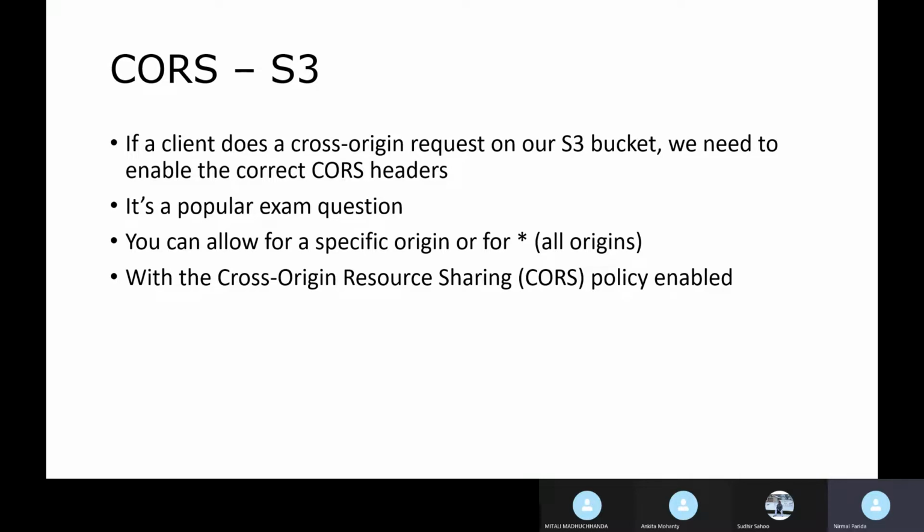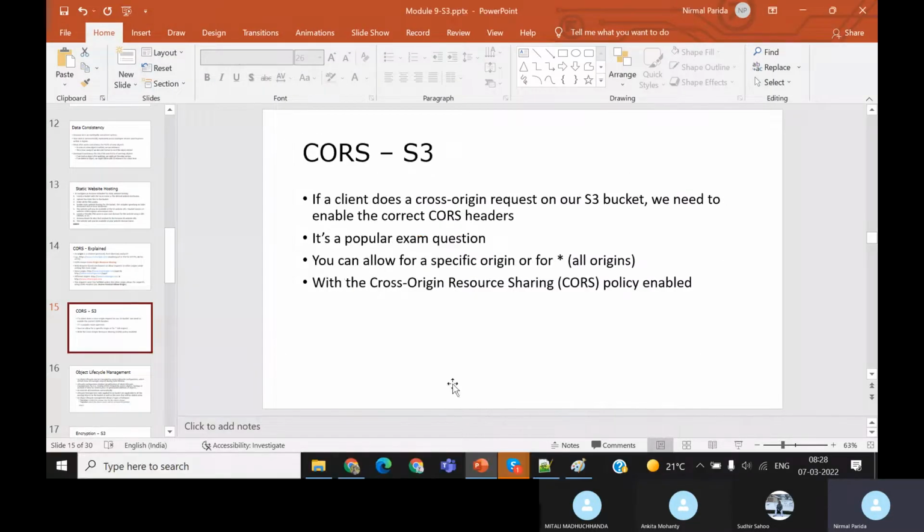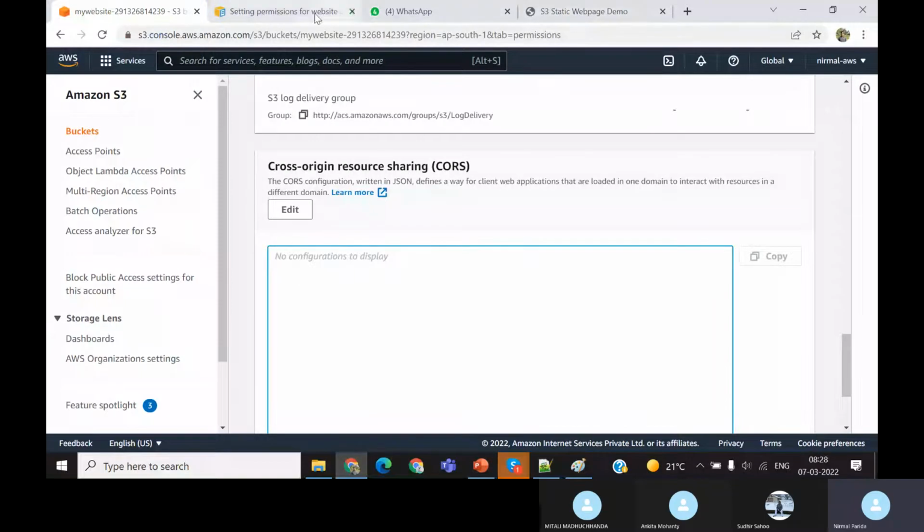You can allow for a specific origin or for star, with the cross origin resource sharing policy enabled. So you have to add some cross origin resource sharing policy here.